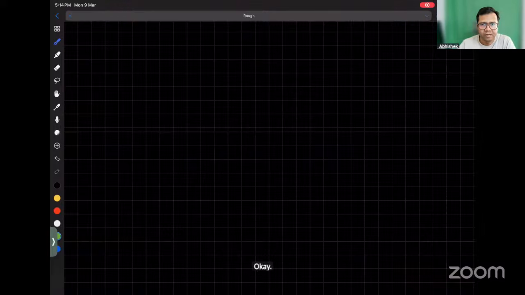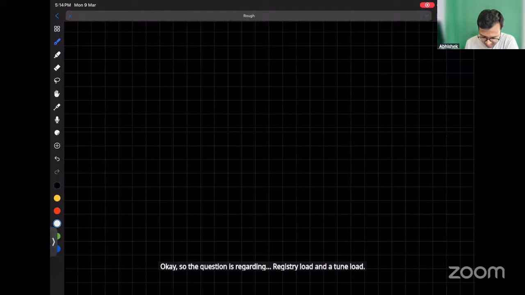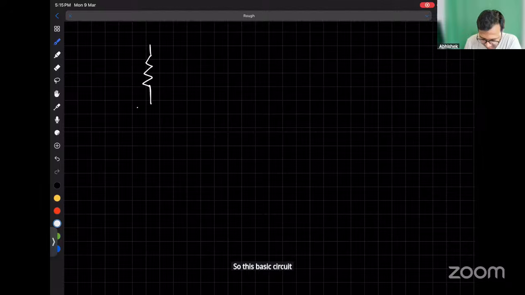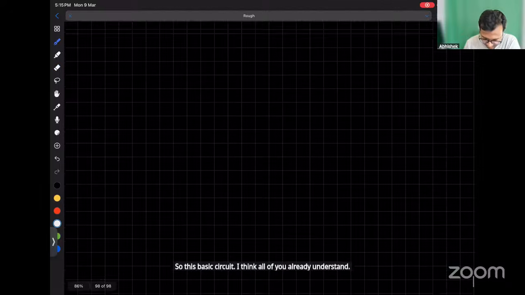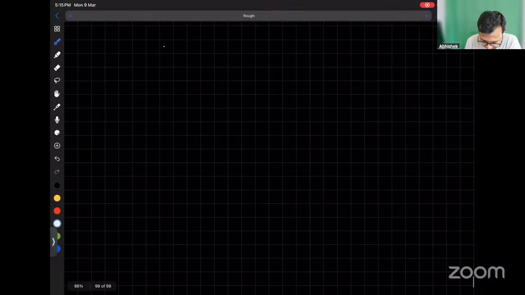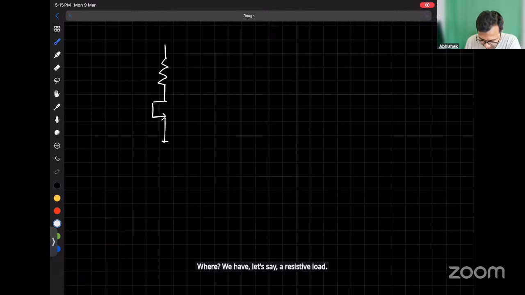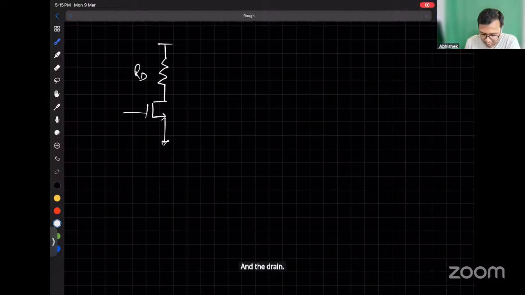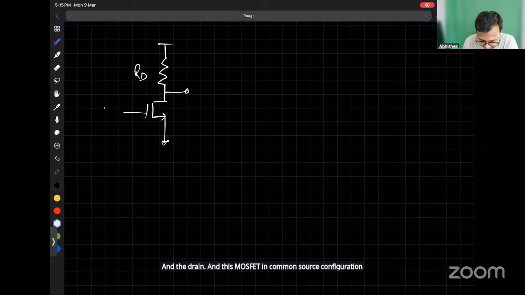Okay, so the question is regarding a resistive load and a tuned load. This basic circuit, I think all of you already understand, where we have, let's say, a resistive load at the drain, and this MOSFET in common source configuration is used as an amplifier.